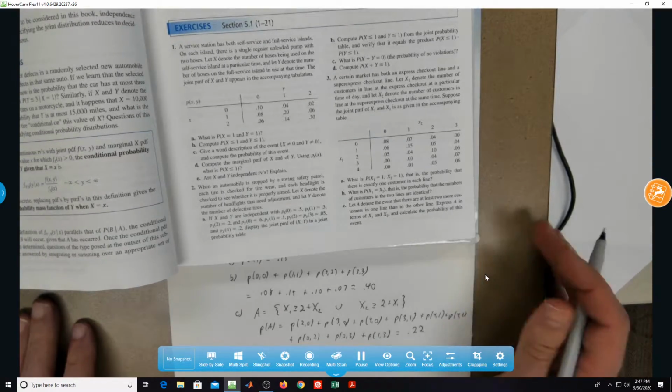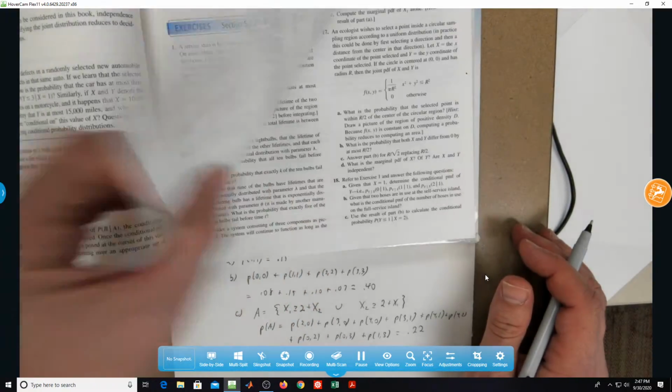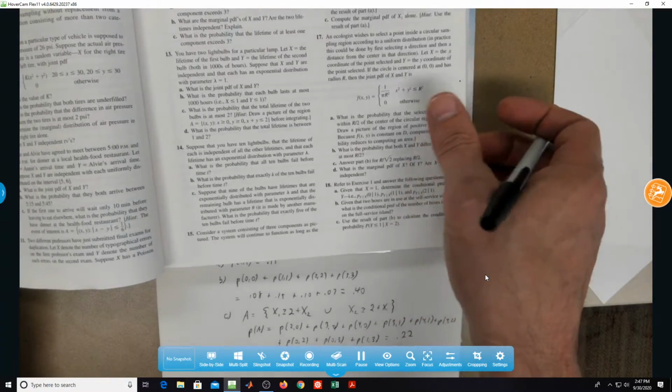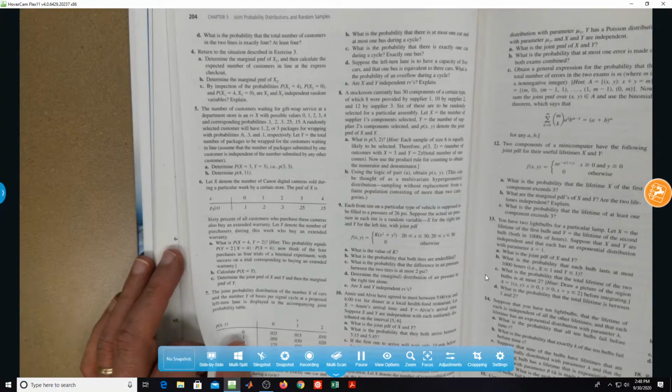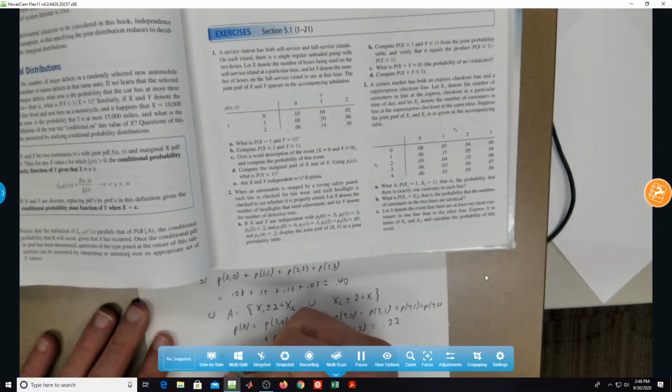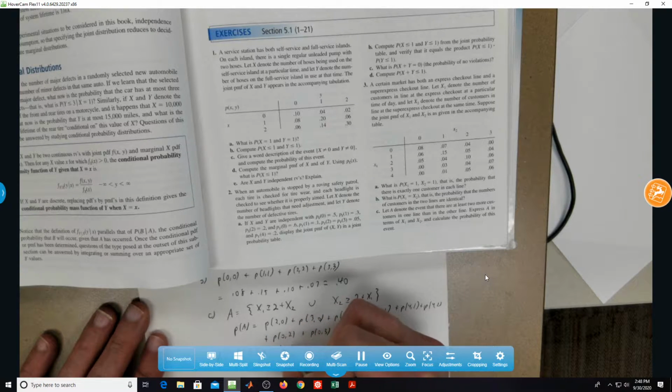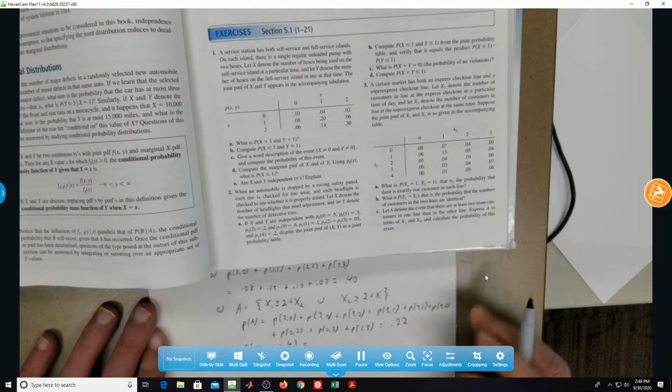All right, let's try the next page. What's the probability that the total number of customers in the line is exactly 4, and then at least 4? So for D, the probability that x1 plus x2 is equal to 4.